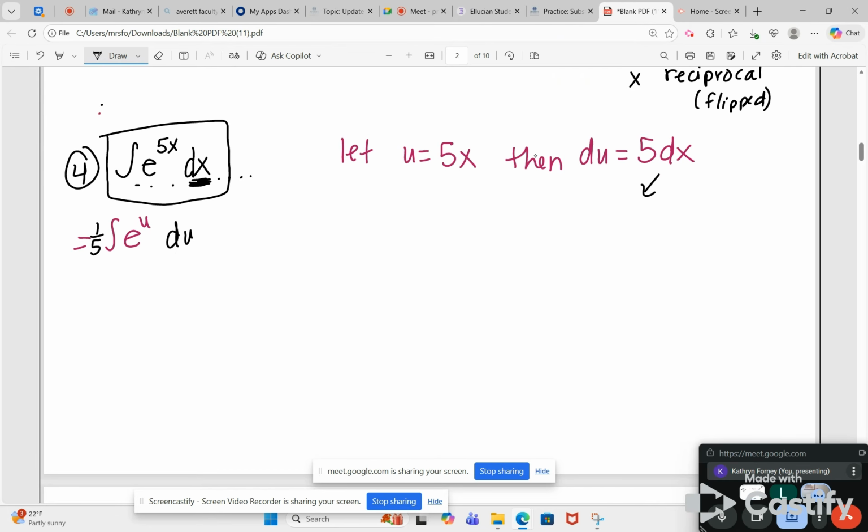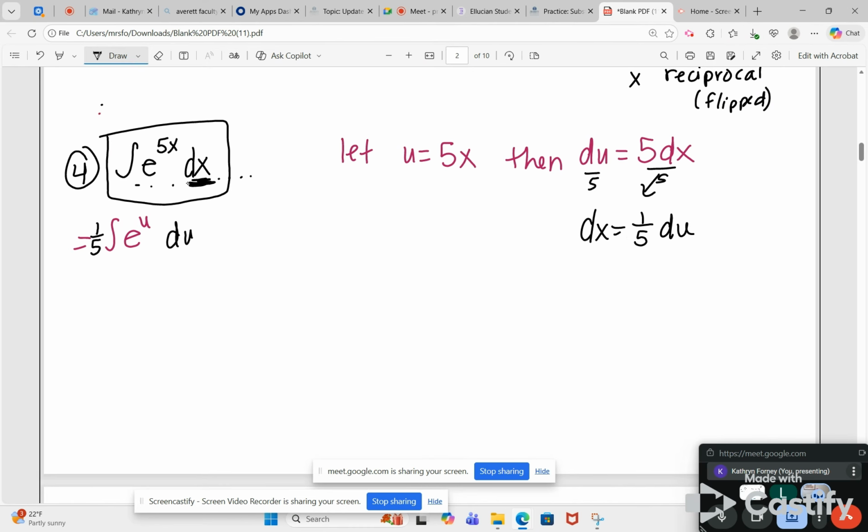So since there's no 5 here, you can't just plug a du in, because du is 5 dx, and we only have the dx part. So to make up for the 5, you could solve this for dx. If you divide by 5, you would get 1/5 du.